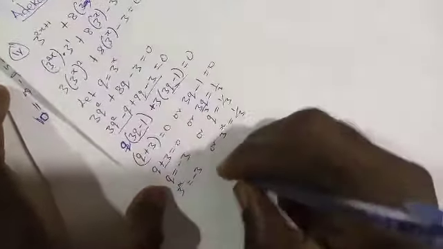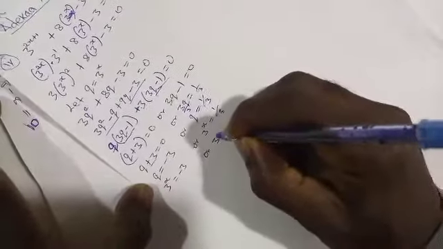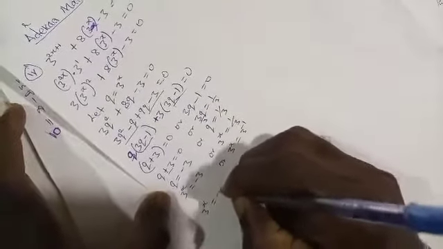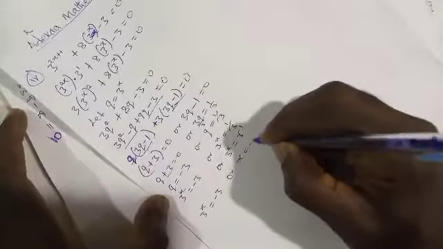And here you can see 3 raised to the power of x is equal to -3, or here x is equal to -1.